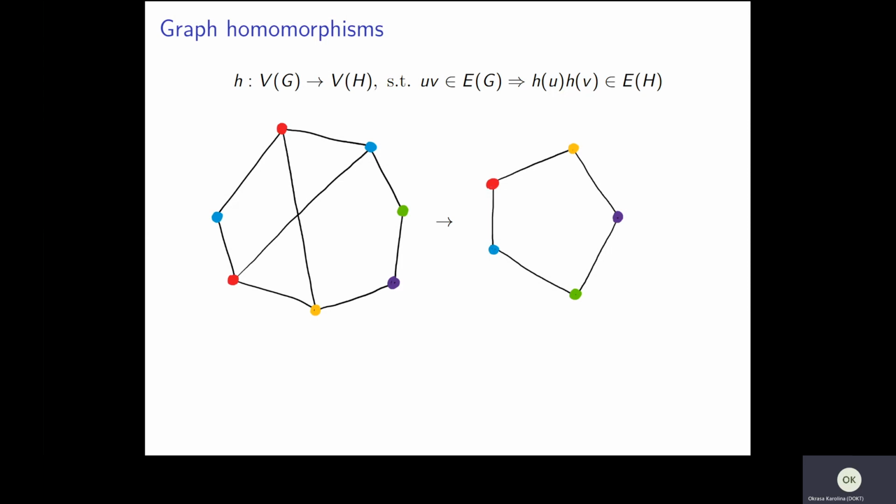And if there is a homomorphism from G to H, say this is a homomorphism little h, then we denote it like this.